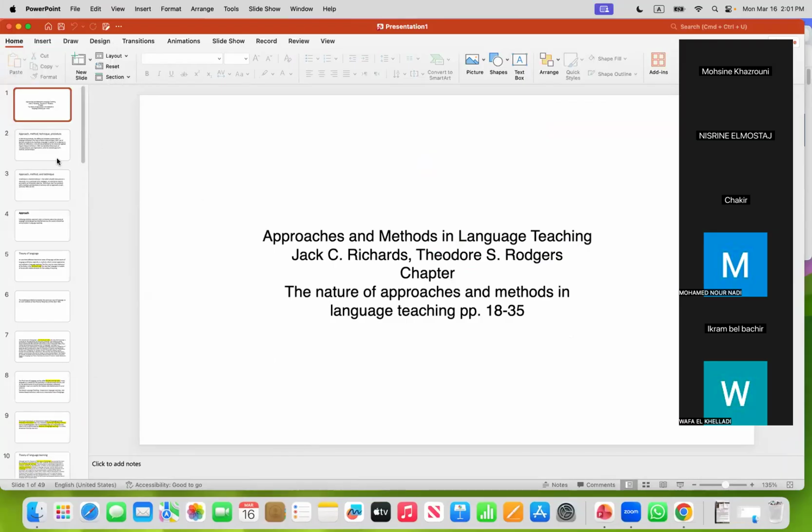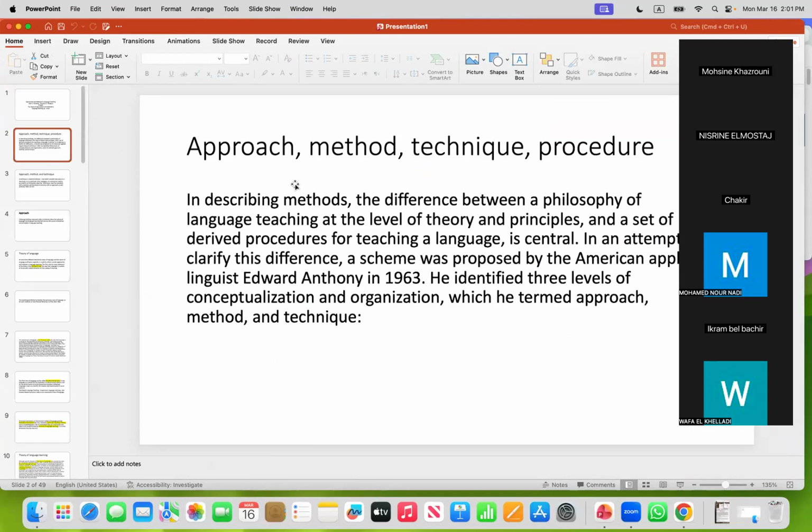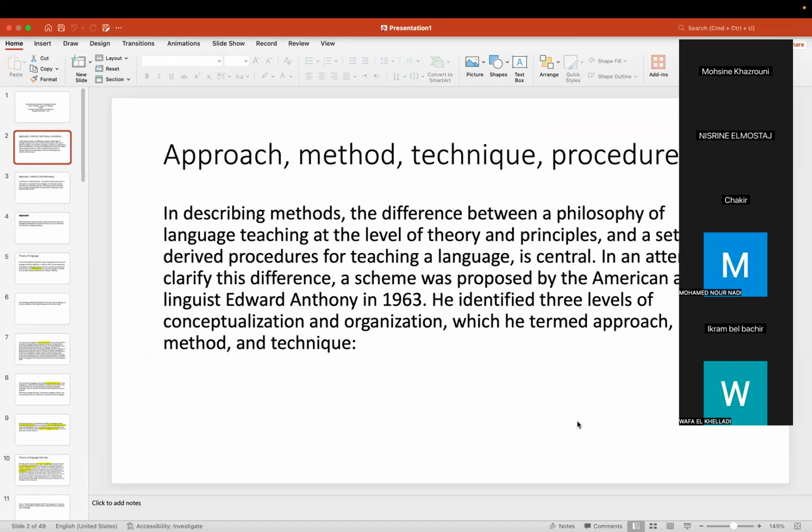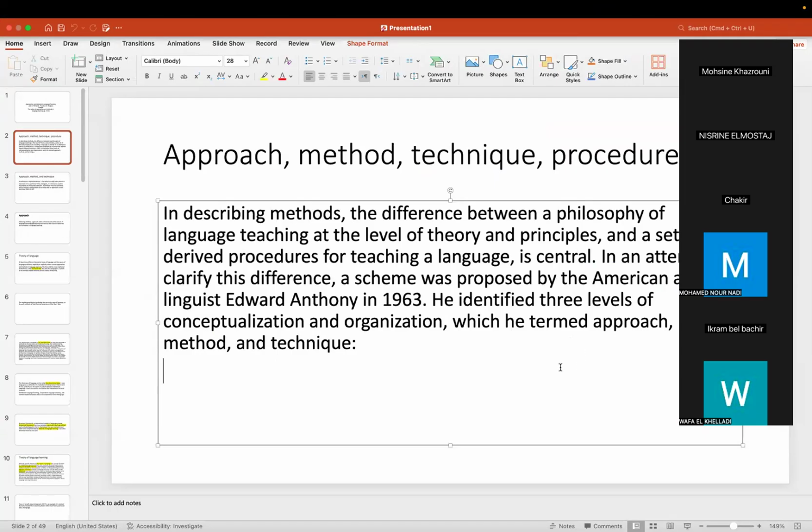Yes. All right, good. Would you like to read this first part? Sure. Approach, method, technique, procedure. Okay, so I haven't talked about procedure. Let me highlight a few things. I have to explain something before.